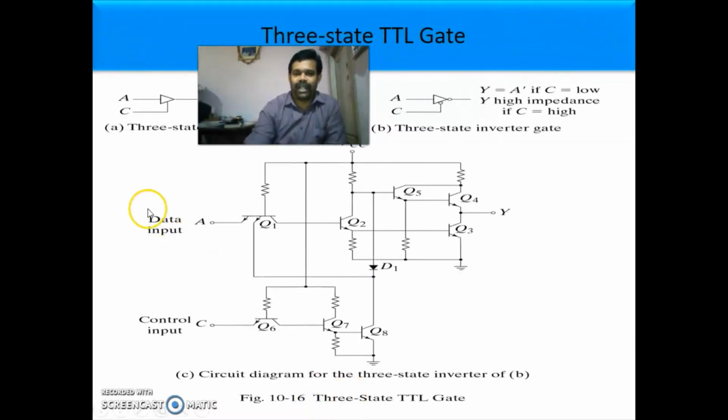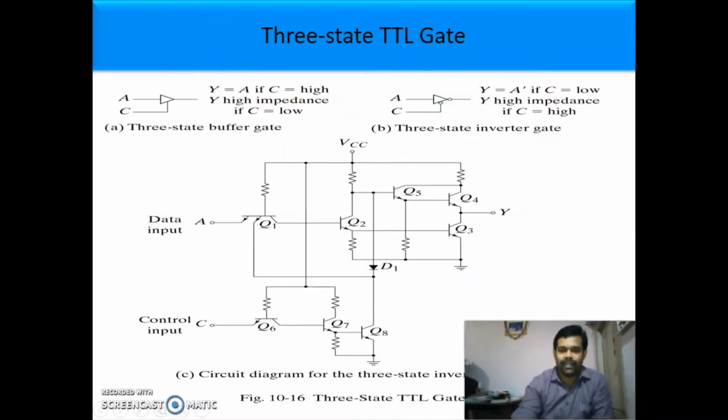Now we are going to the last output configuration, which is the tri-state or three-state TTL gate. This is a normal three-state buffer gate. The diagram you have drawn here is the three-state inverter gate, and this is the three-state buffer gate.